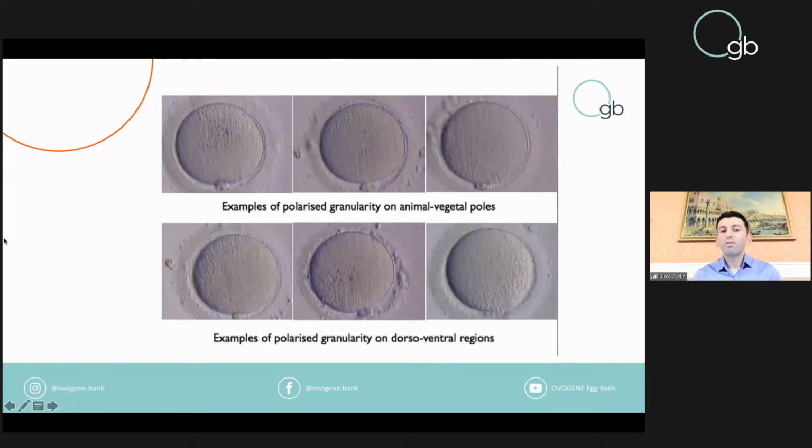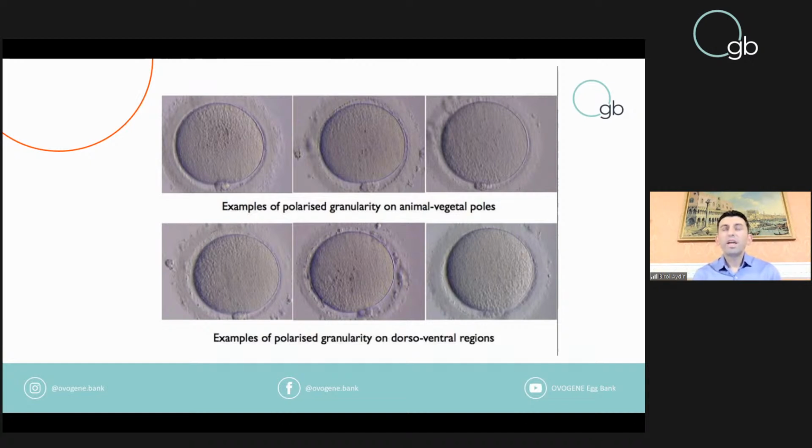This is one of the important things, polarized granulation. But basically it's not so easy to find under the microscope. As you see, the first group of images looks fine. Even in the second group of images, there are only some black dots which you can see as granulation, but sometimes it is really difficult to analyze.